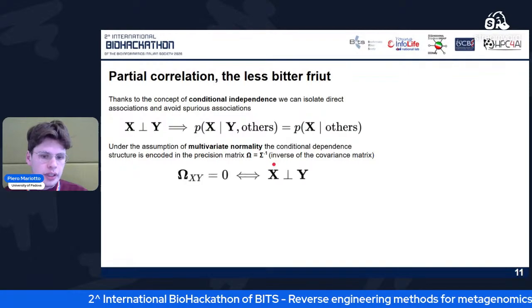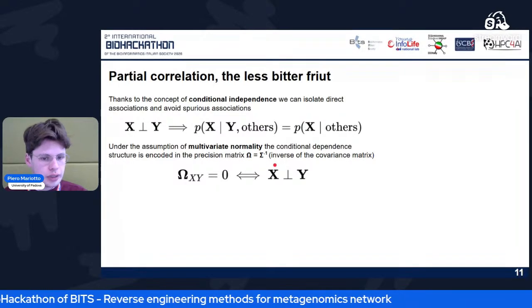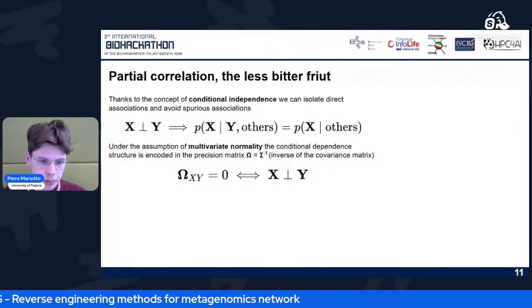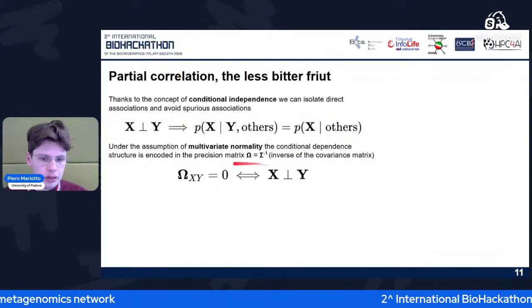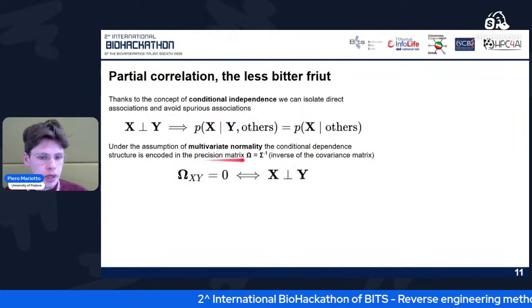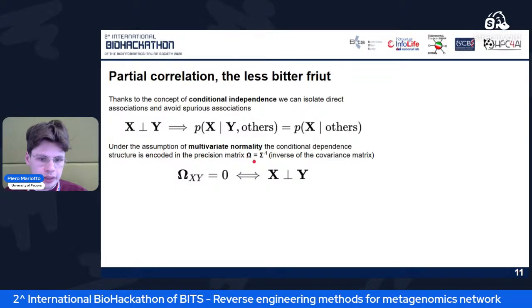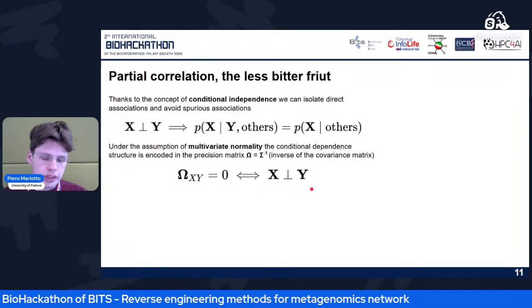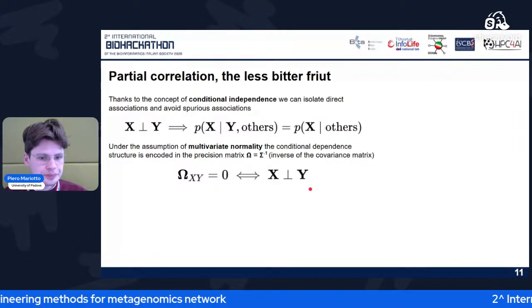This relationship is that if you have again multivariate normally distributed variables, a zero entry in the precision matrix implies a conditional independence between the two variables. So if you somehow can know this precision matrix under the assumption of multivariate normality, you could know the conditional independence structure of your variables.